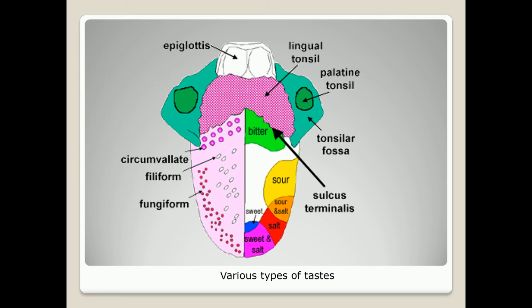The terminal sulcus is a shallow V-shaped groove running forward, which forms the foramen cecum. The pharyngeal part is supplied by the glossopharyngeal nerve and the oral part by the lingual nerve. Both parts of the tongue develop from different pharyngeal arches.